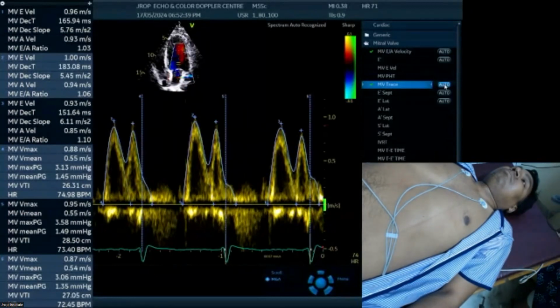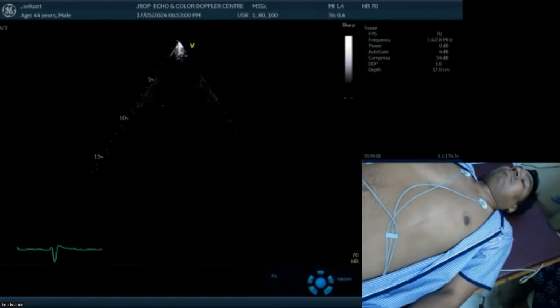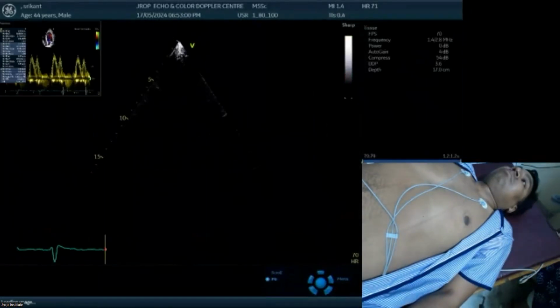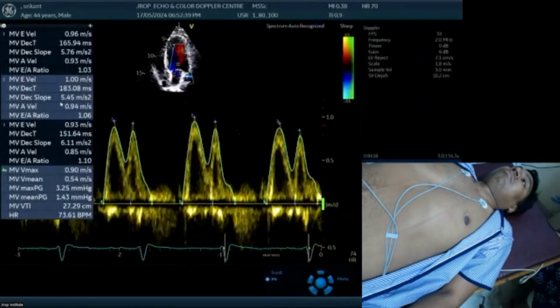Now, this ratio has a component of mitral valve VTI, which is 27.29 centimeters.